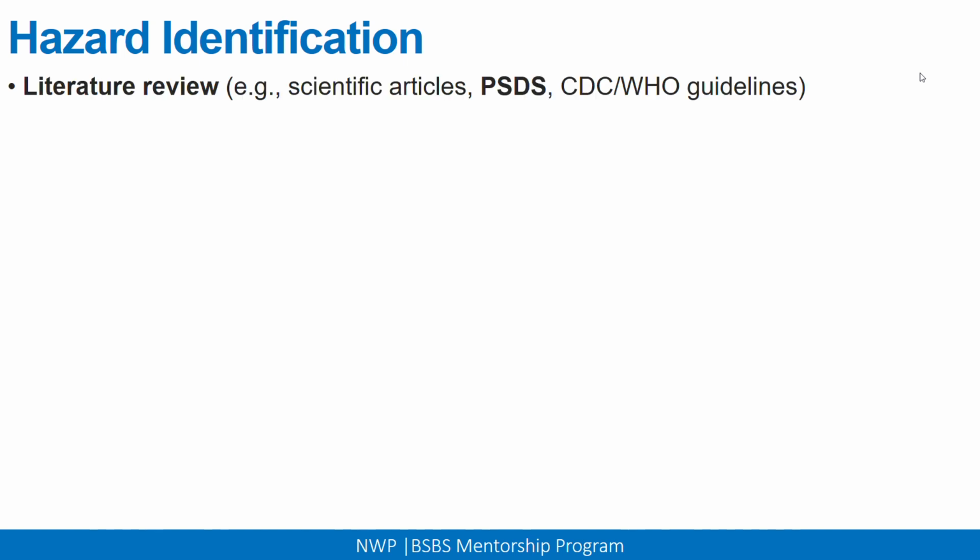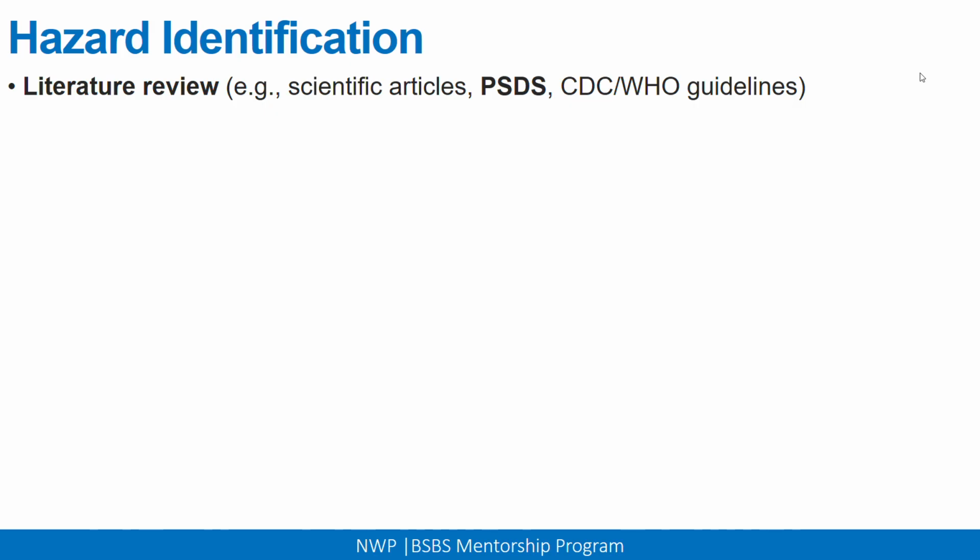So one way of identifying hazard, or hazard identification, is through a literature review. So for example, you may want to review scientific articles about the biological agent that you actually want to determine how hazardous it may be.